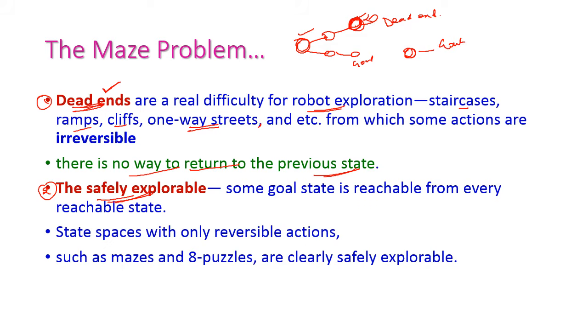And the second one is safely explorable, that is, some goal state is reachable from every reachable state. Here this may be the goal and this may be the starting state, so from all the states the goal is reachable. For example, the maze problem, 8 puzzle problem and 8 queens problem are all safely explorable problems.